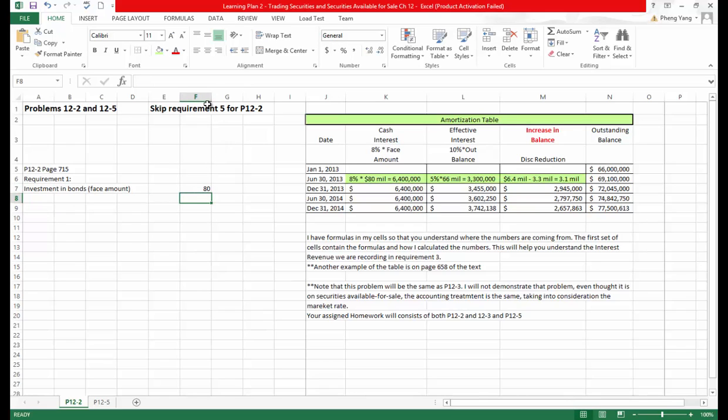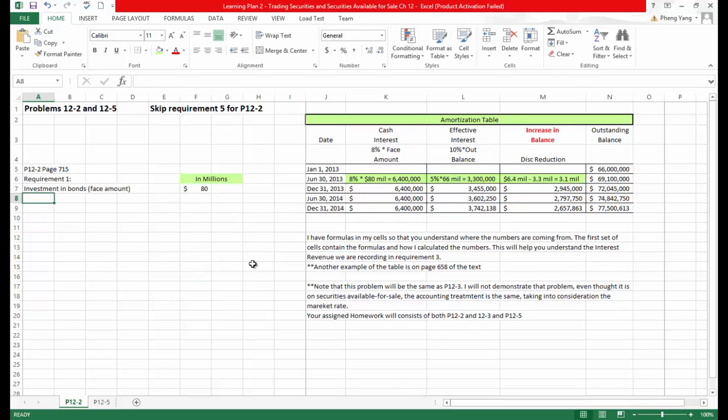I believe Connect requires that you do it this way, and it'll be in millions. I'll just denote that up here: numbers are in millions. All these numbers will be in millions.